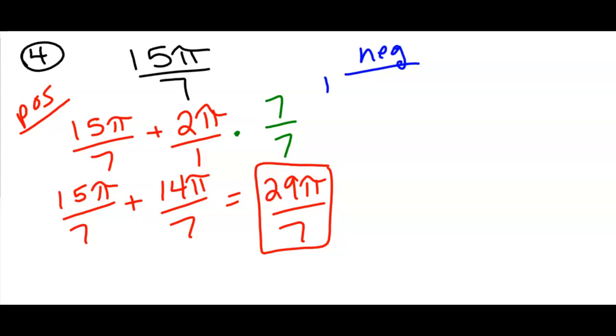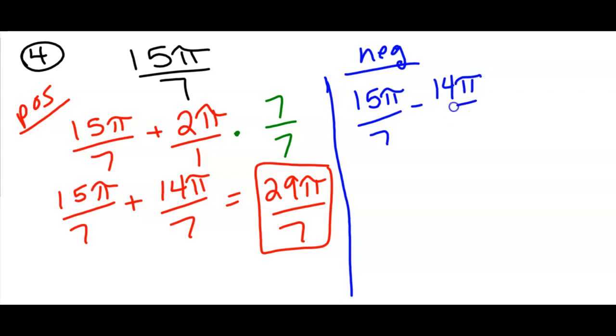So for my negative one, we're going to take 15 pi over 7. We're going to subtract a rotation. Well, we know it's 14 pi over 7. And that's going to give me pi over 7. 15 minus 14 is 1. Well, if you look here, this is not negative, is it?